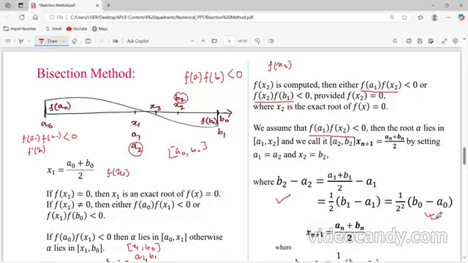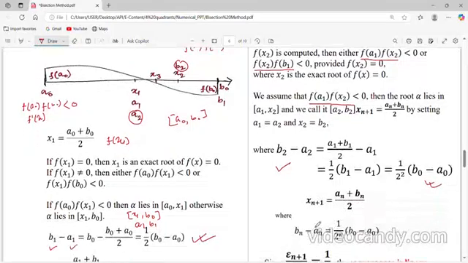Proceeding in this way, we will get x_(n+1) = (a_n + b_n)/2, which is the (n+1)th approximation of the root alpha of f(x) = 0 and lies in the interval [a_n, b_n], where b_n minus a_n equals (1/2^n)(b0 minus a0).